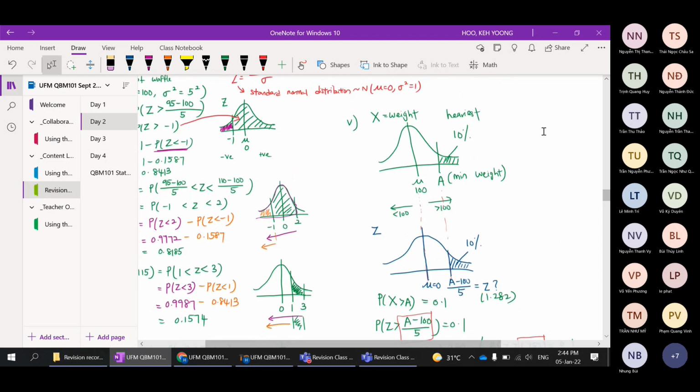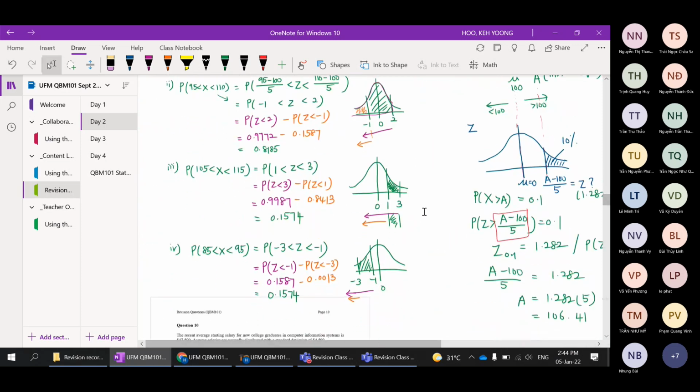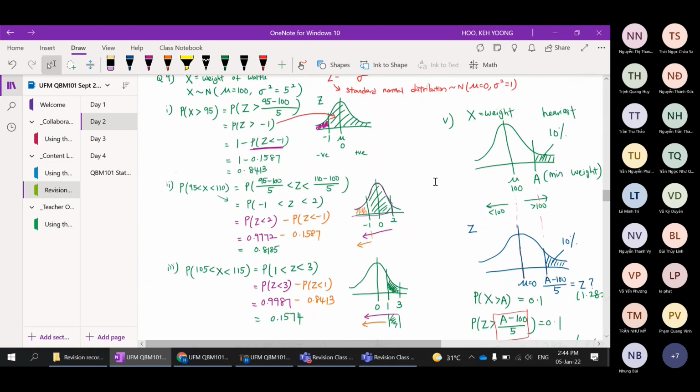You mean these two graphs, do you need to draw them for question 1 to question 5? Is that what you're asking?